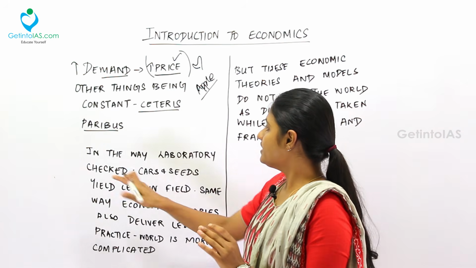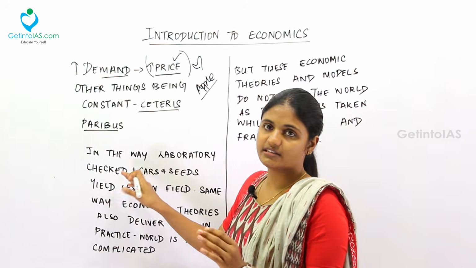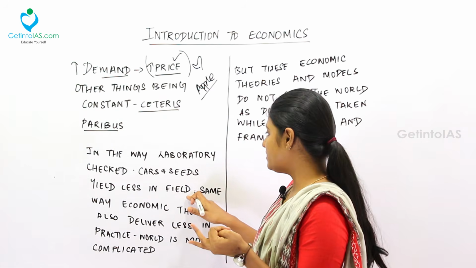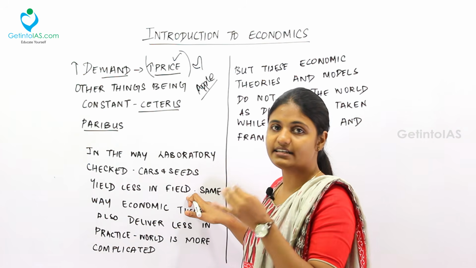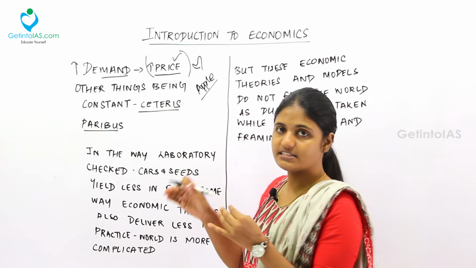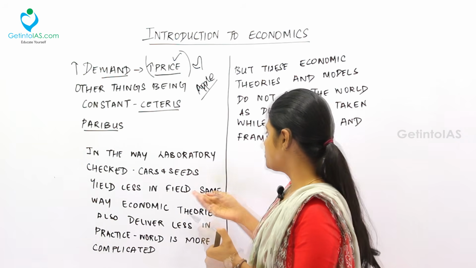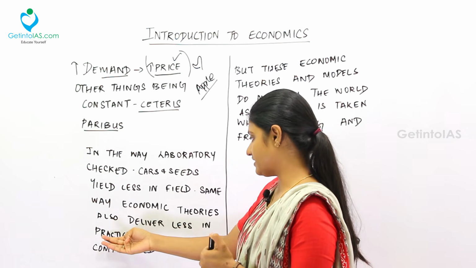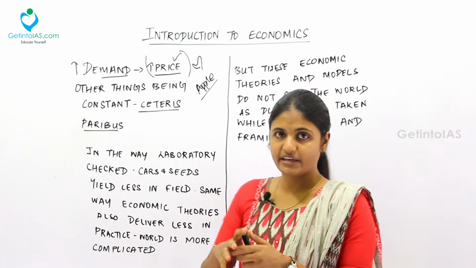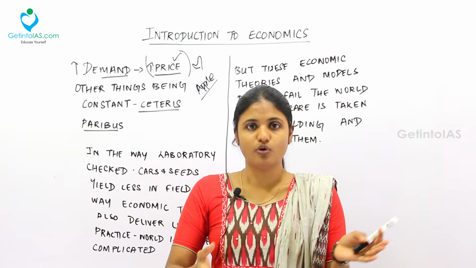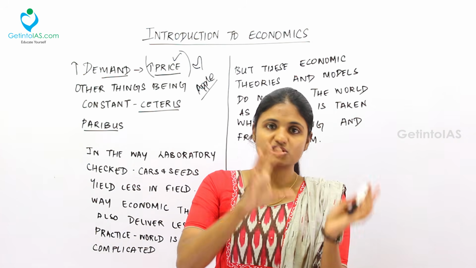Fine. And in the way the laboratory checked the car and the seeds, when it comes into practice, the yield is less. When you come to the field, the yield of the car and the seed is less. The same way, economic theories also deliver less in practice. That is, the world is more complicated now. When the economic theories were formulated long before, the world was not so complicated.